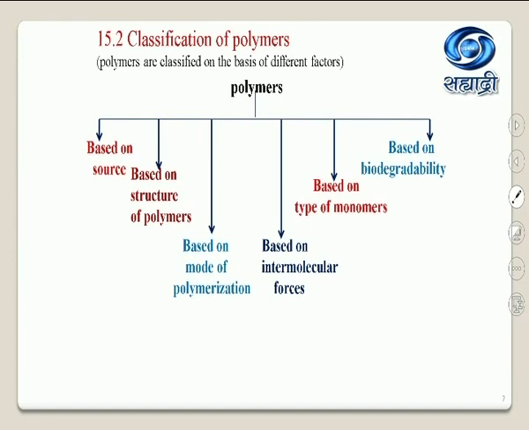Dear students, these polymers are classified on the basis of different factors. These different factors are shown here. So first, polymers are classified based on source, that is from where those polymers are obtained. Secondly, polymers are also classified based on structure of polymer, that is depending upon the structure of monomers.